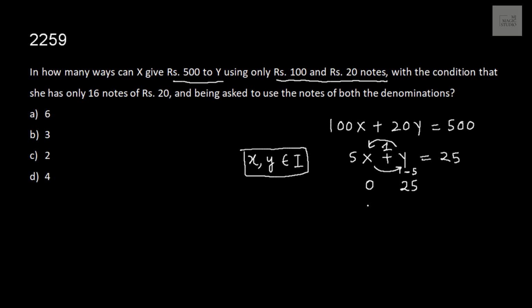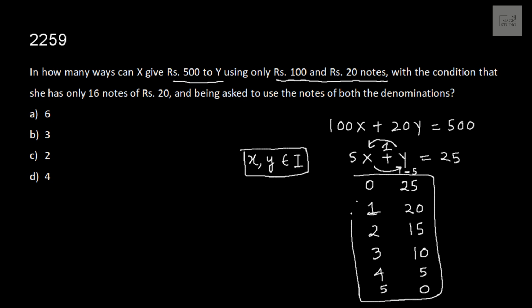If x is 1, y will be 25 minus 5, that is 20, and we can check 20 plus 5 is 25. When x is 2, y would be 15. When x is 3, it would be 10. When x is 4, then y would be 5. When x is 5, y would be 0. So these are the possible solution set which we can have.